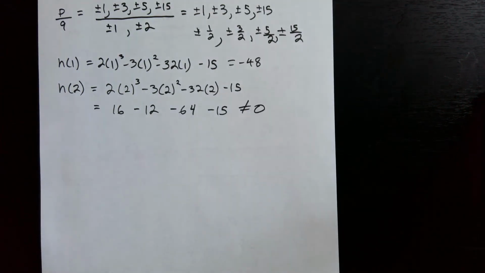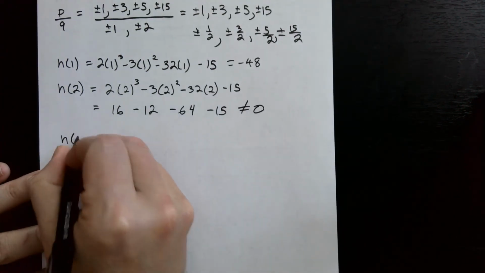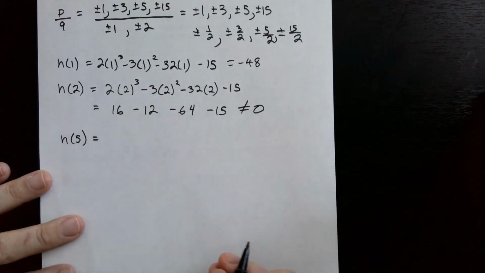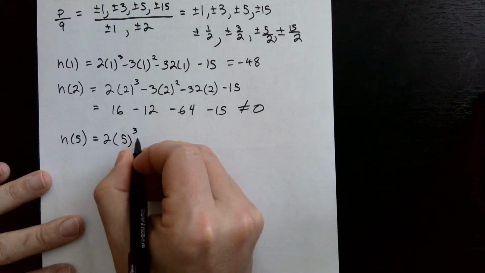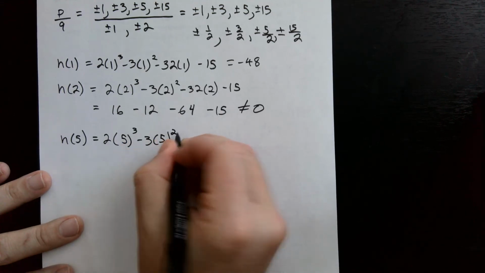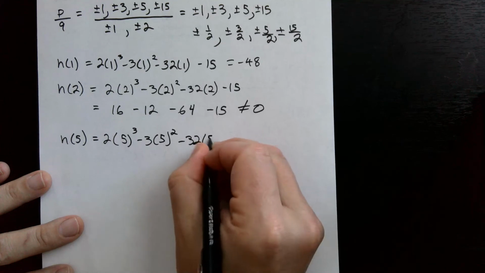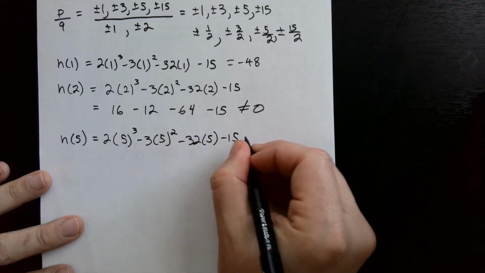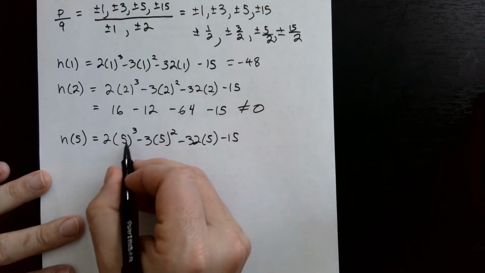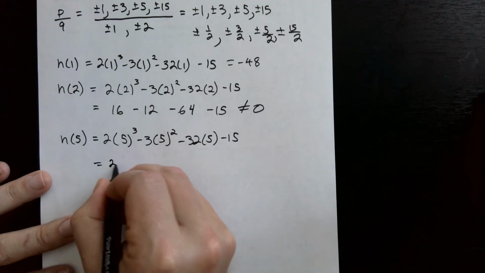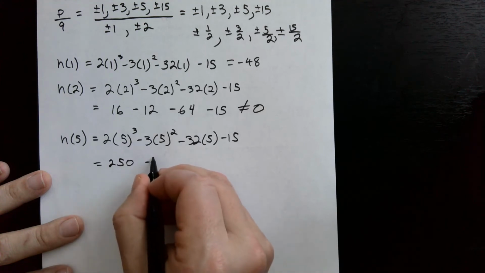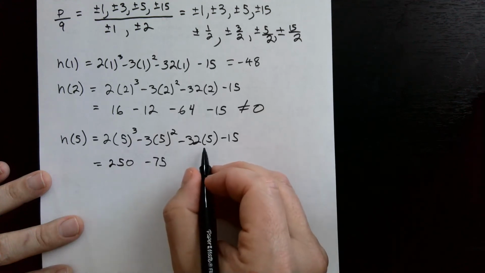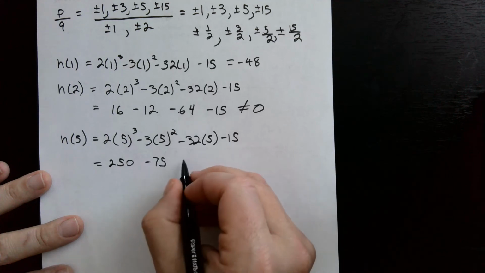So let's confirm ourselves. We have h of 5. Supposedly that's going to give us 0. So 2 times 5 cubed minus 3 times 5 squared minus 32 times 5 minus 15. That should give me 0. Okay, so let's see, it's 125 times 2, that's 250. This is 25 times negative 3, that's negative 75. 32 times 5, I believe, is 160.